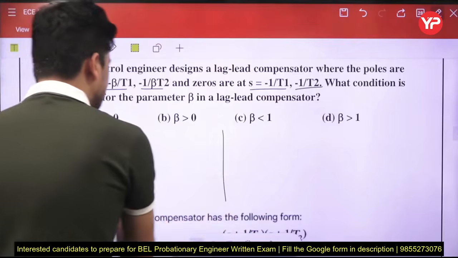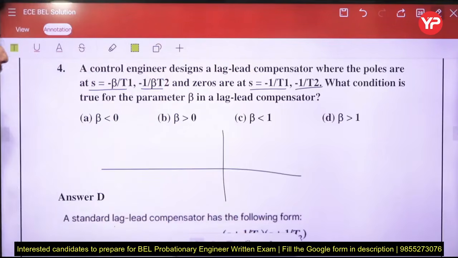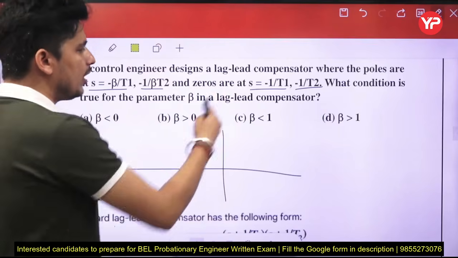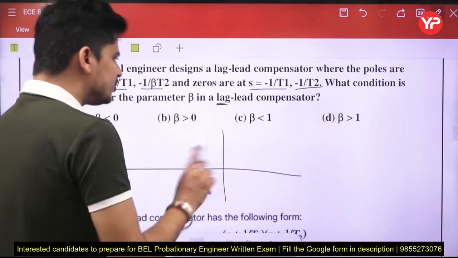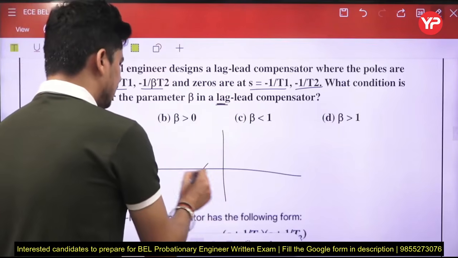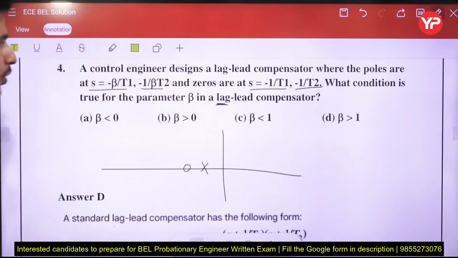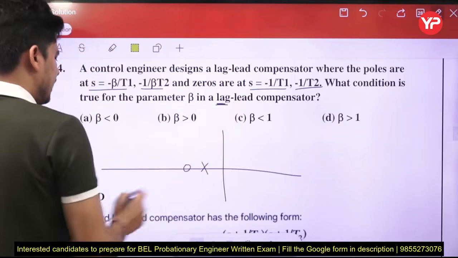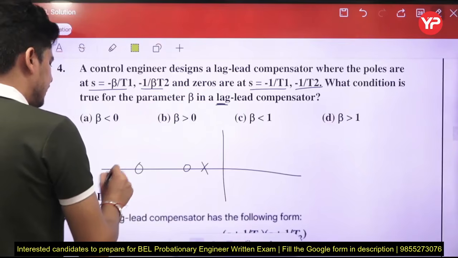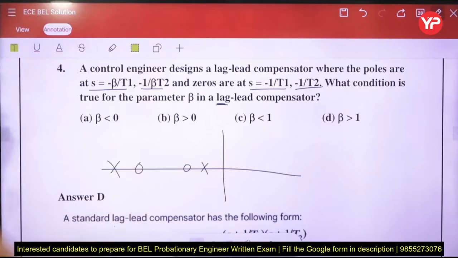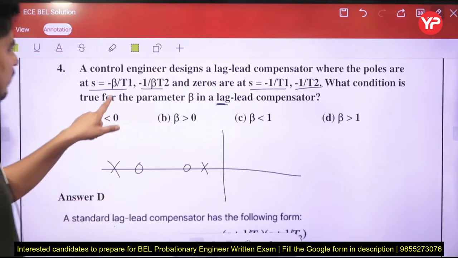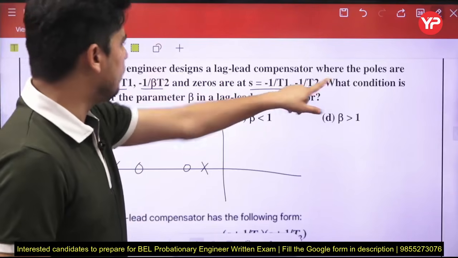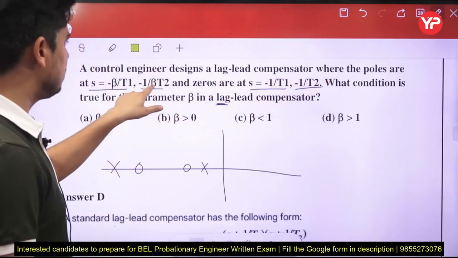If I draw the pole-zero plot, for a lag the pole dominates over the zero. For a lead compensator, because it is first lag then lead, we will have the zero and pole. This should be the pole-zero location of a lag-lead compensator, and it is given that these two are poles.